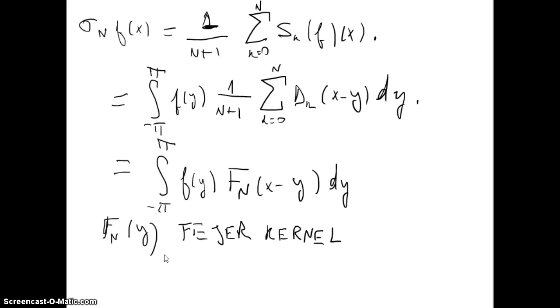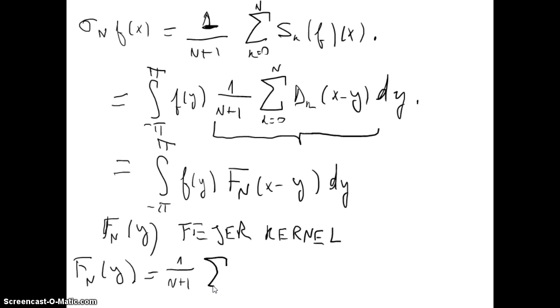Well, the Fejer kernel has to be this part. So we can write down that F_n(y) is 1 over n plus 1 and the sum k equals 0 to n of D_k(y).